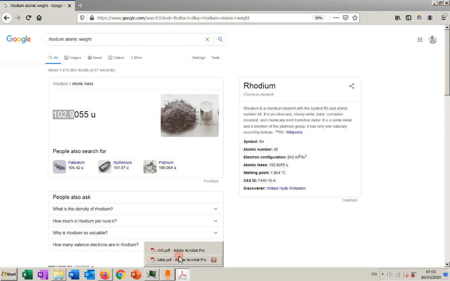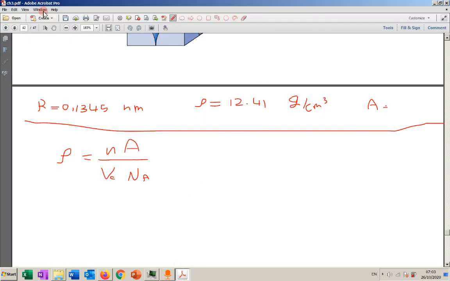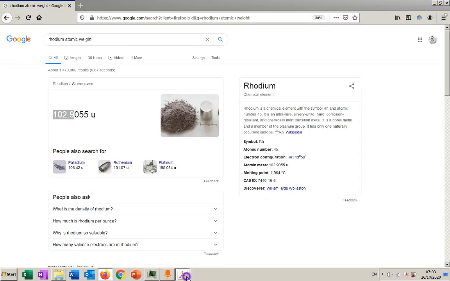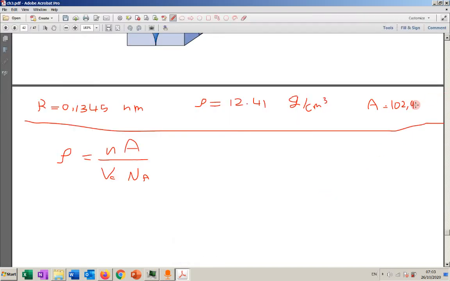Let's take it fully as its number, which is 102.9055. This is gram per mole. So we have the atomic weight, we have density, we have radius.